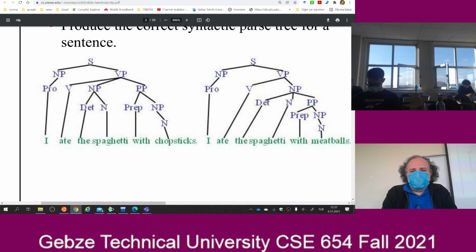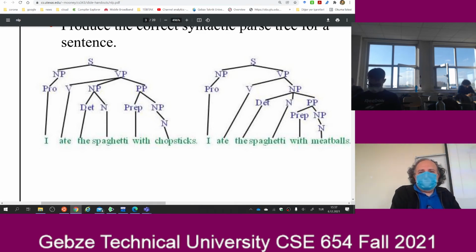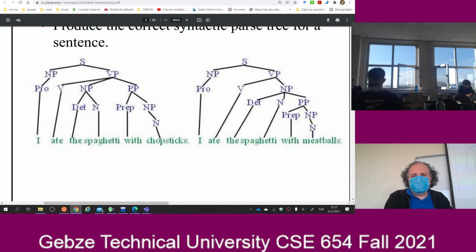Okay, so this is not exactly the same example that I like to share with you, but this is okay too. The sentence structure is very similar. I ate the spaghetti with chopsticks, and I ate the spaghetti with meatballs. Depending on the context, we understand which one we mean, and their structure is different.